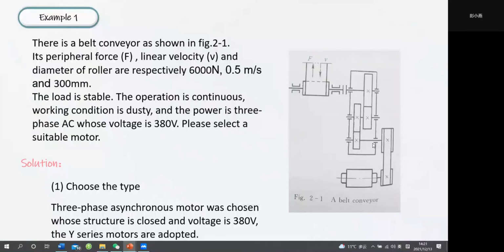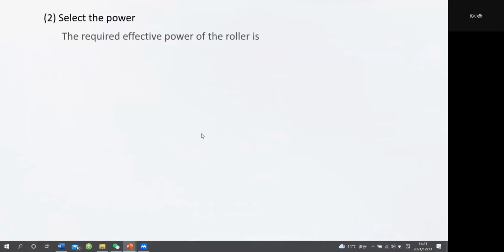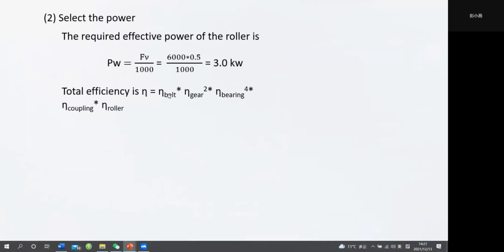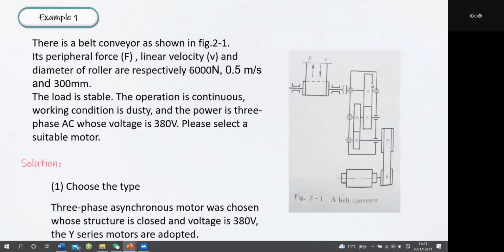So we should consider the efficiency of belt, gears, bearings, coupling, and roller, and then the total efficiency can be calculated by the efficiency of belt times the efficiency of gears squared and efficiency of bearings to the fourth power, times the efficiency of coupling, and times the efficiency of the roller, because there are 2 pairs of gears and 4 pairs of bearings. 1, 2, 3, 4. 4 pairs of bearings and 1 coupling and 1 roller and 1 belt.